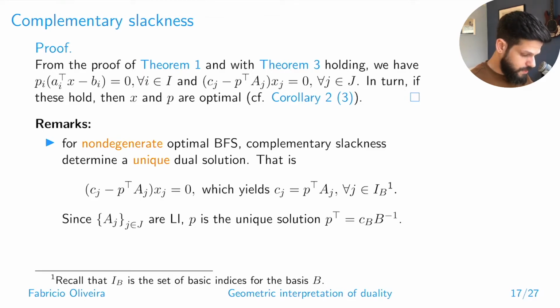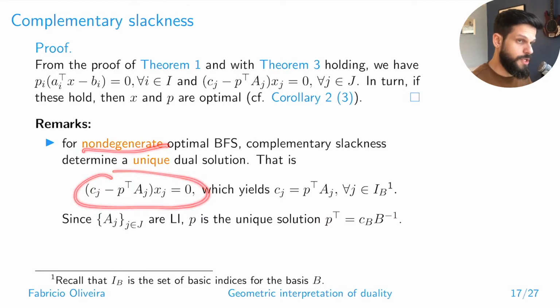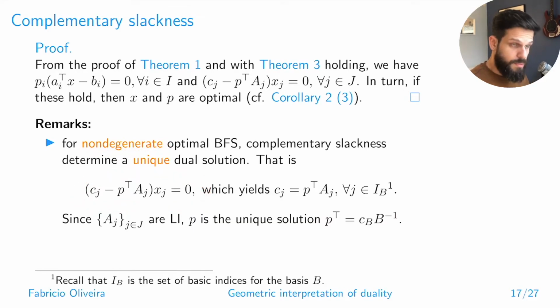And because we know that the columns are assumed to be linearly independent, the solution, when I look only at the basic variables, is unique. So if this holds and we're talking about non-degeneracy, it pretty much means that your p's are unique as well. Your dual variables are also unique.